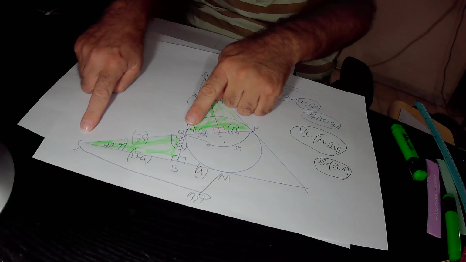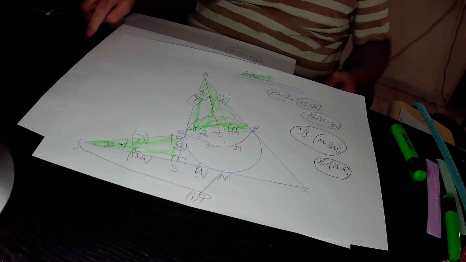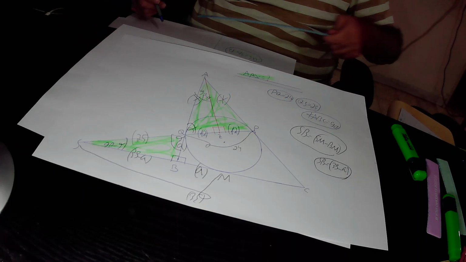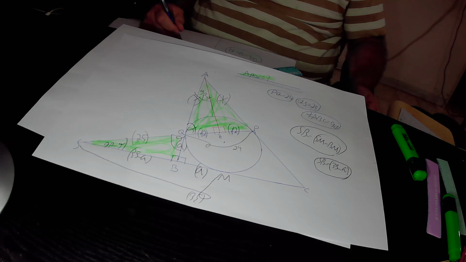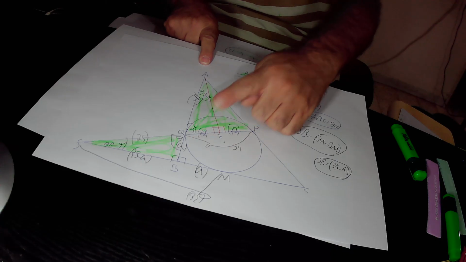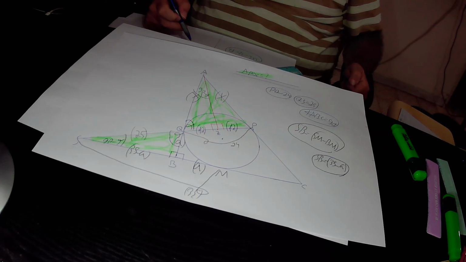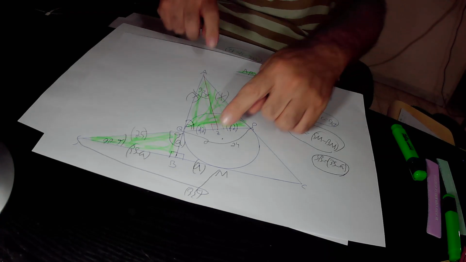SQ equals 25, over AQ. AQ equals X. That is the variable that we are looking for in this question. And it equals QB.